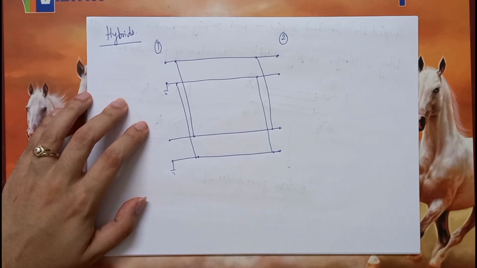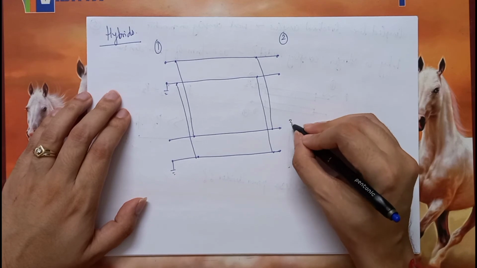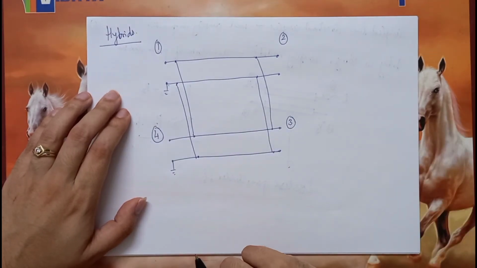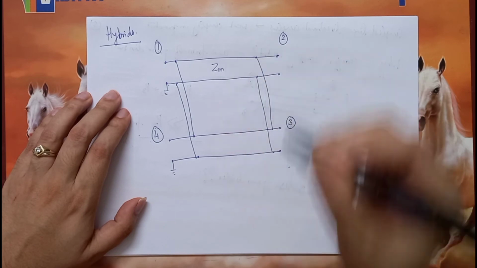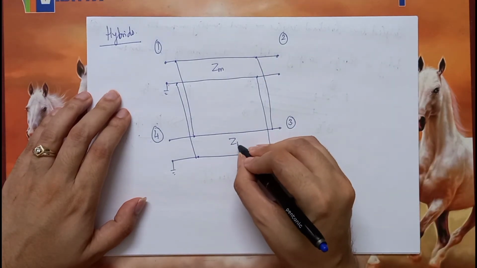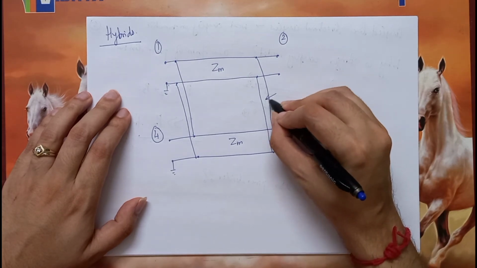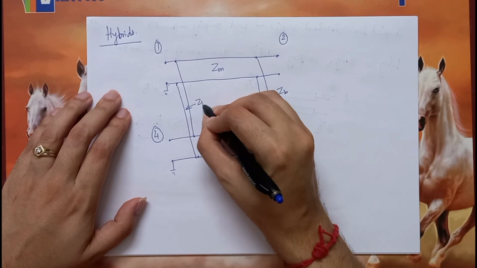We will now change the definition very slightly. Earlier this was port 3 and this was port 4, but now we will call this port 3 and this port 4. The reason for doing so will be very clear soon. Now let us say the characteristic impedance of the top line is Zm, the bottom line is also Zm. The characteristic impedance of this line is ZB and this is also ZB.